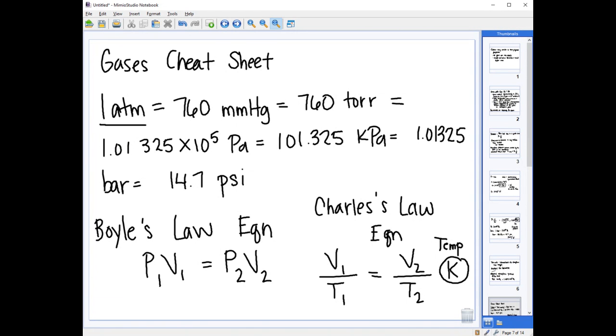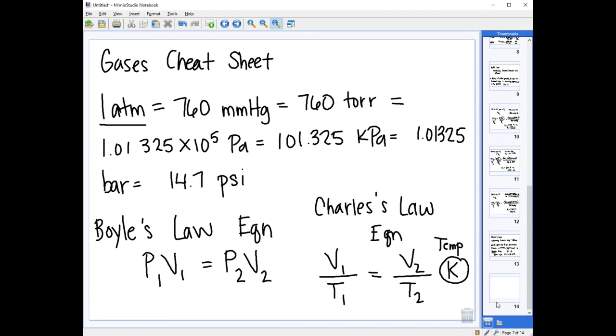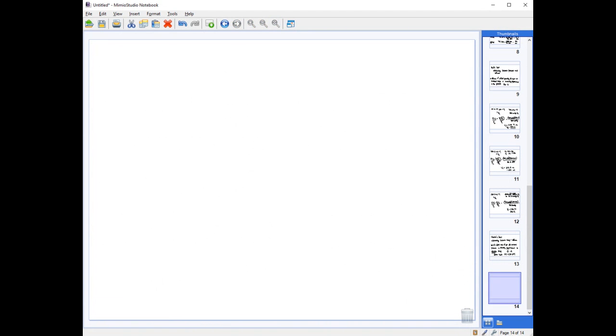As temperature goes up, volume goes up, and then the opposite. So we have a little bit different type of relationship here. So let us work some problems with Charles's law.